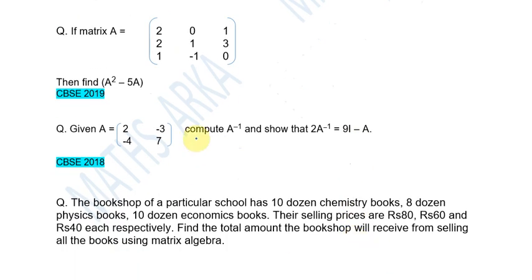Now the third question we have is: if matrix A is this one, you need to find the value of A square minus 5A. It is a 3 cross 3 square matrix that is given.